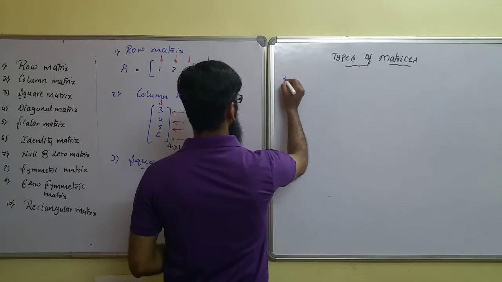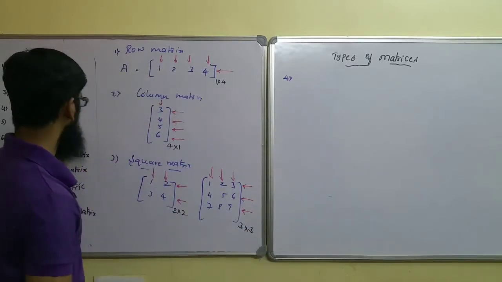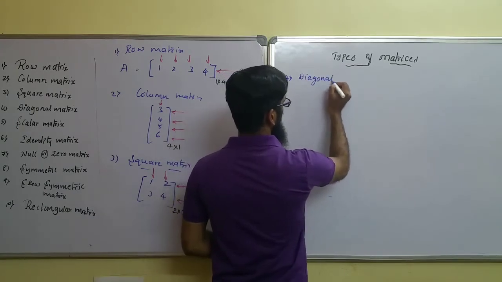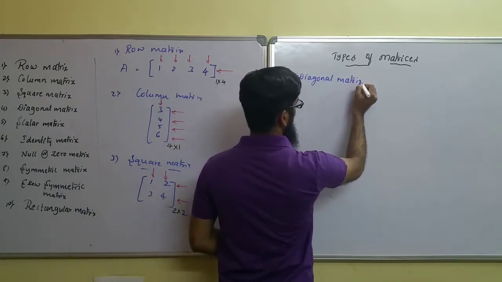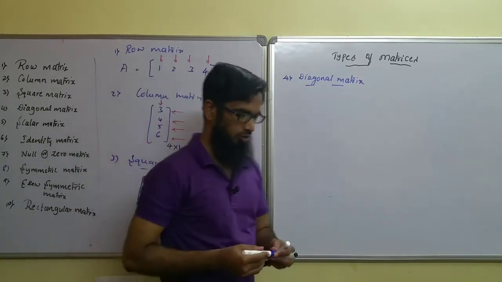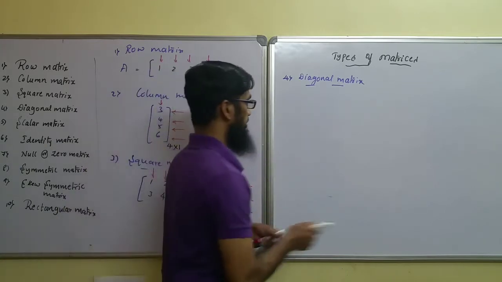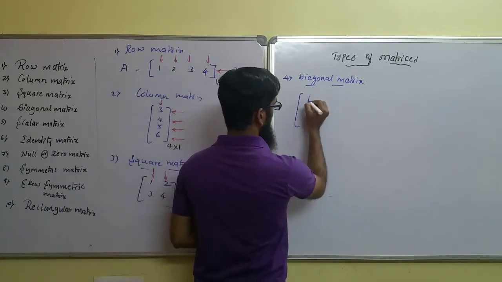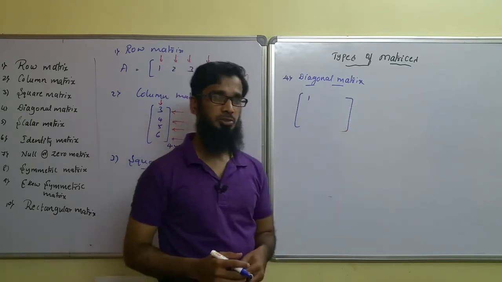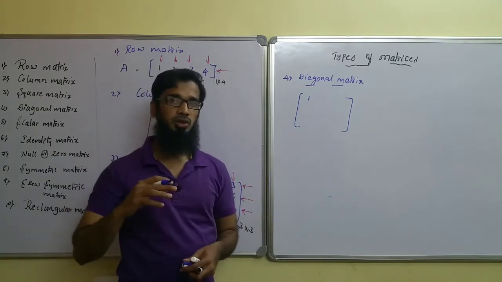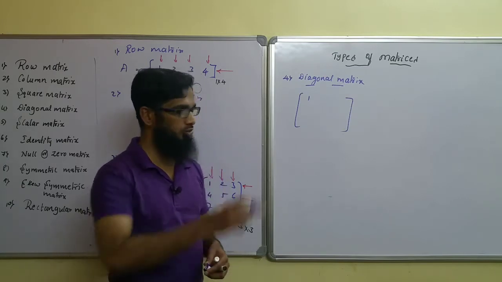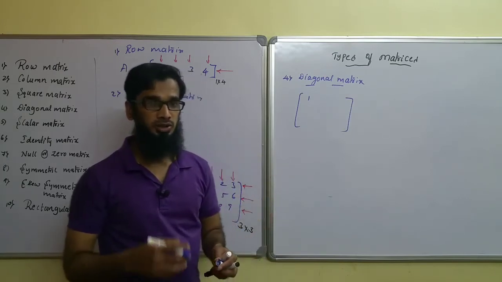Now the fourth one is the diagonal matrix. The diagonal matrix is nothing but, if I take a 3 cross 3 matrix here, the non-diagonal elements should be zeros, because only the diagonal elements should be some number.